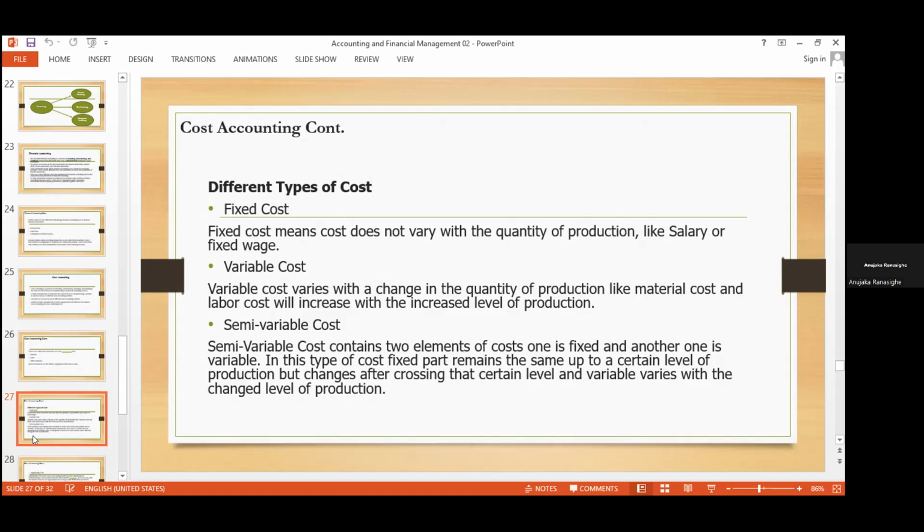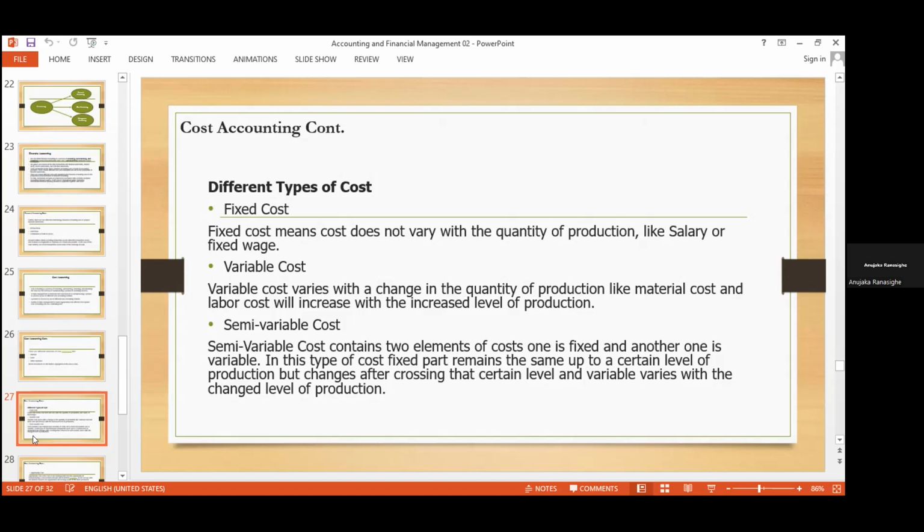Material cost is a variable cost. If we prepare 100 helmets, we use 100 kilos of plastic. If we prepare 50 helmets, we use 50 kilos. This varies with the quantity of production. It is called variable cost.